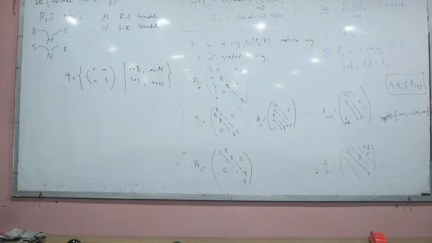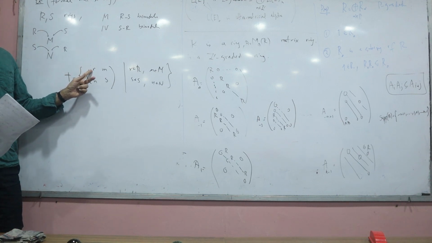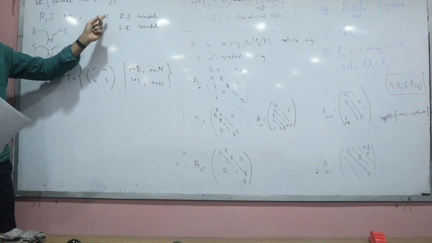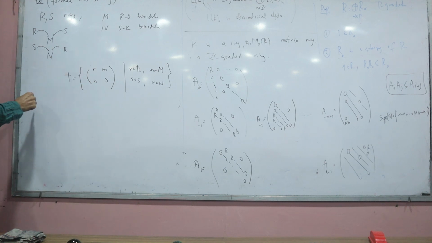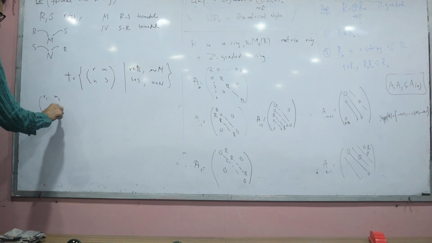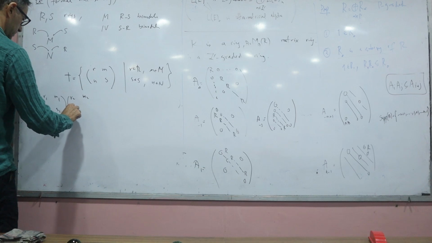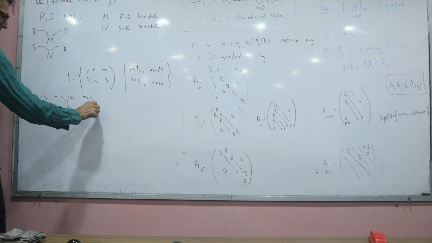And then multiply, as usual. When you are adding, you are adding component-wise, that's fine because you are adding inside R, inside S, inside M and N. M and N are abelian groups, so that's good. But when you multiply, let's multiply two of these.